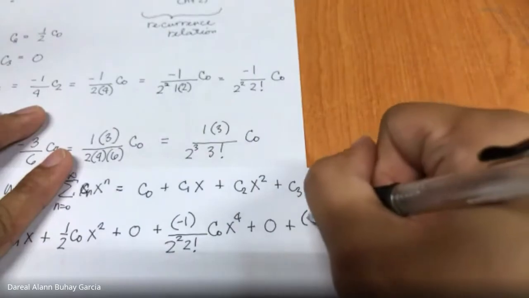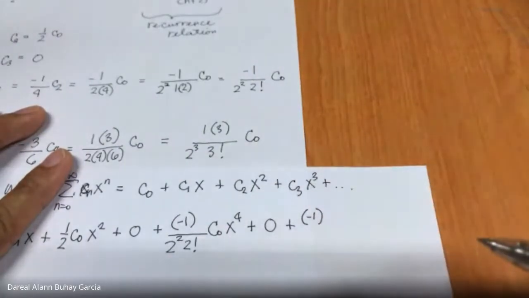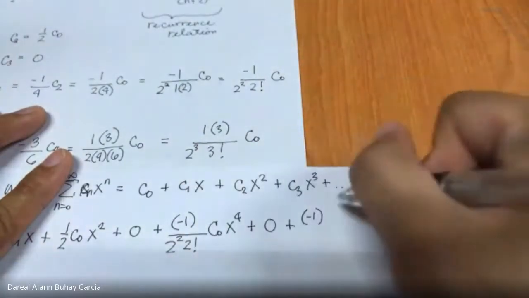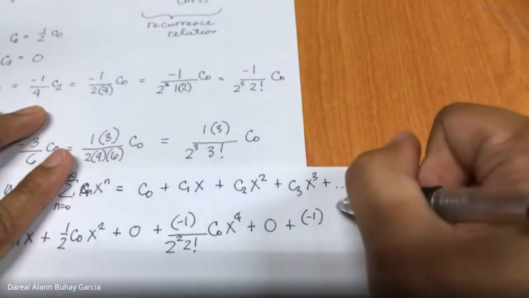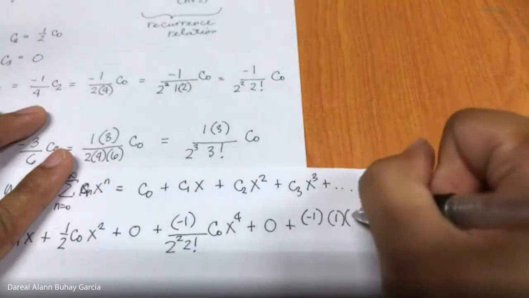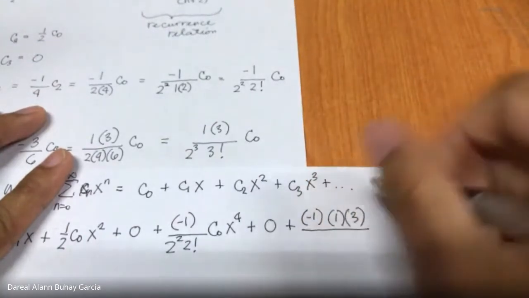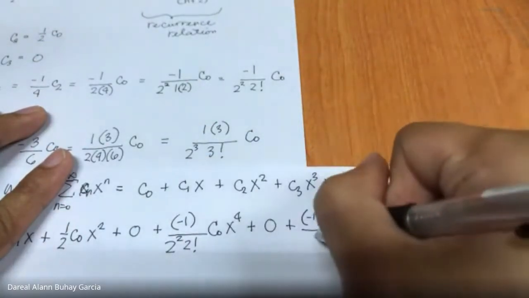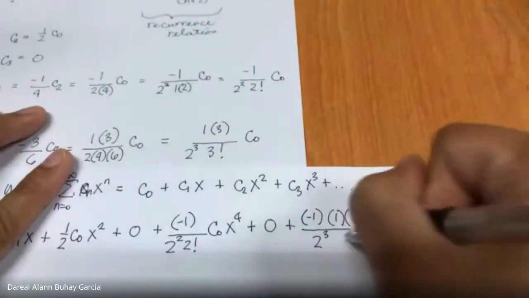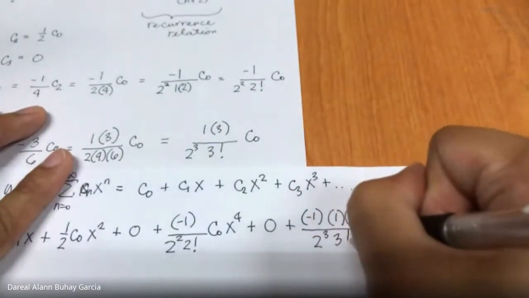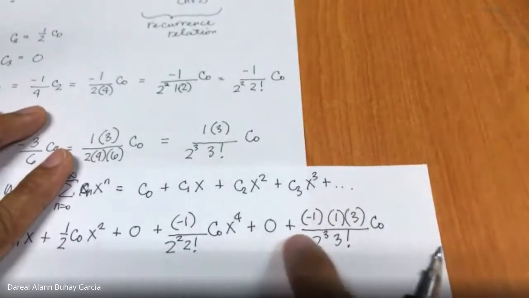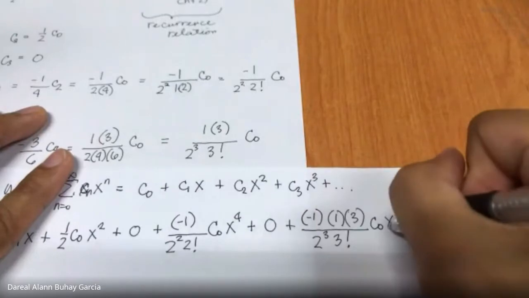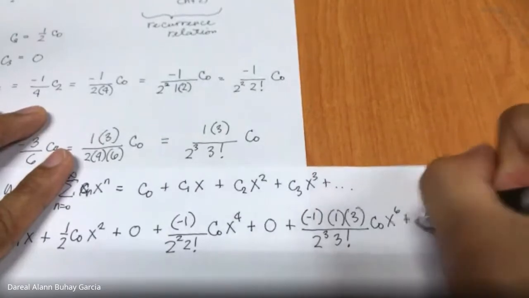If I look at it, it is negative, right? This one is negative. 1 times 3 all over 2 cubed times 3 factorial, C sub 0, x to the power of 6, and so on and so forth.